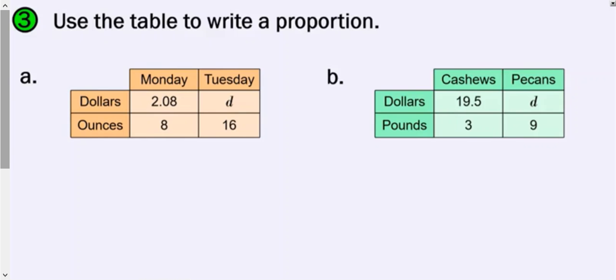This first table, we're comparing dollars to ounces, from Monday to Tuesday. The fractions are already created for us, so we can just write a fraction line just like this. Our proportion would be $2.08 over 8 ounces is equal to the unknown amount of dollars for 16 ounces.